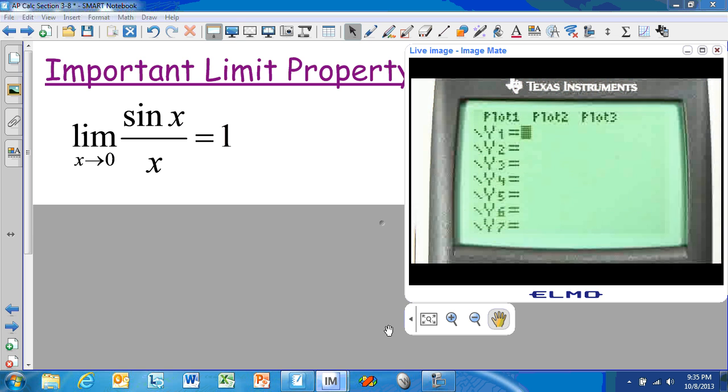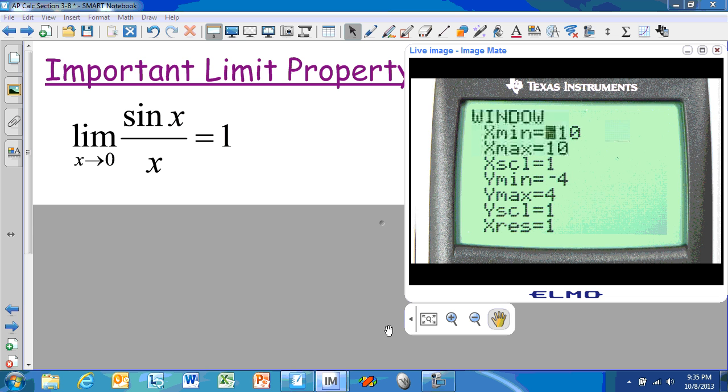And in y1, let's put in the function sine of x over x. And I'm going to set my window up here. We'll go from -10 to 10 for our x's, and we'll go from -4 to 4 for our y's. We're saying the limit's 1, so this should give us a decent sketch of that graph.